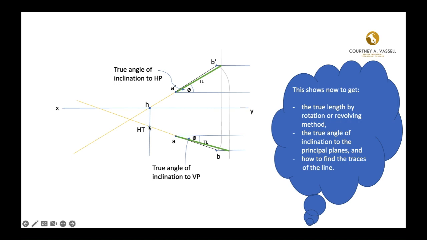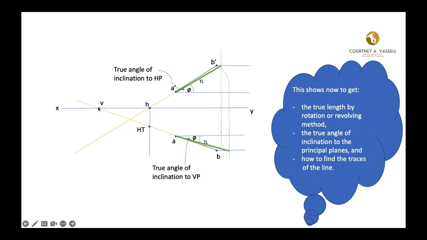So this is how we determine the horizontal trace, and this would be the exact location of the horizontal trace. Now, to do the vertical trace, we know that we have to extend this line. So this is the HP. When we extend from the HP here and it touches the XY, we're going to get our V, and that now would be our vertical trace. So this now would be the location for V.